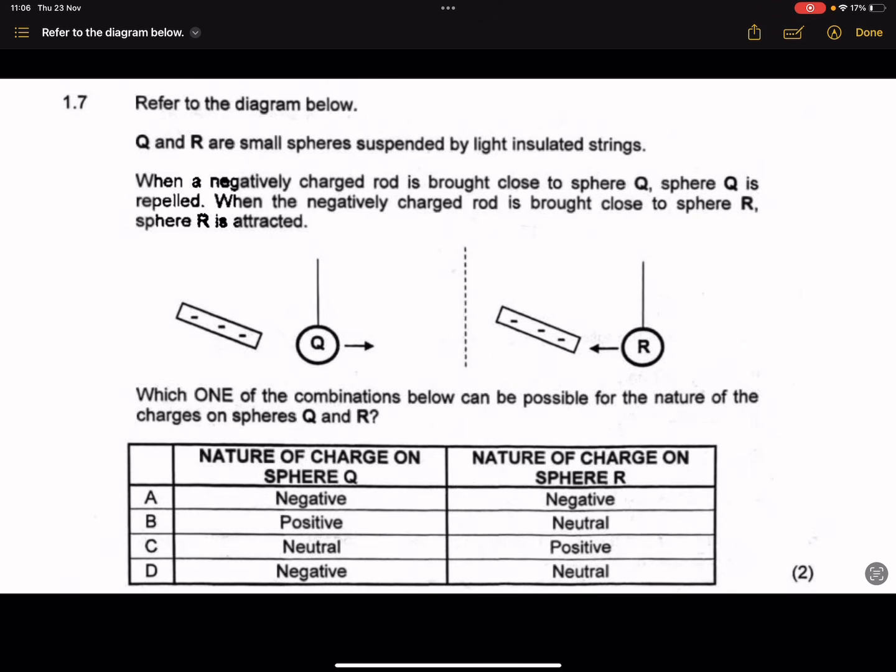But it is possible for us to have negative and neutral. So it's possible that if we look at sphere R, that would definitely be neutral, because in that case what would happen is that the positive charges would definitely be attracted towards the negatively charged rod.